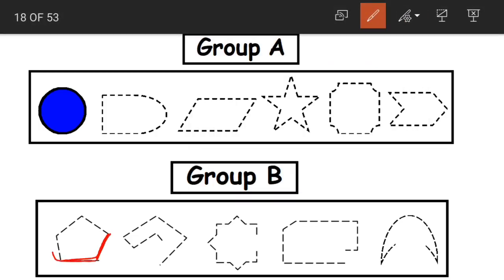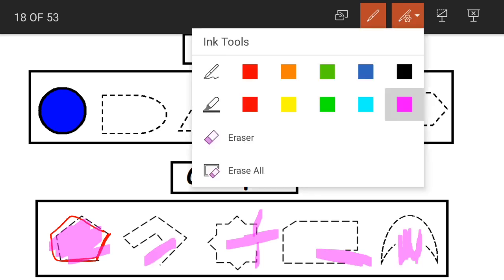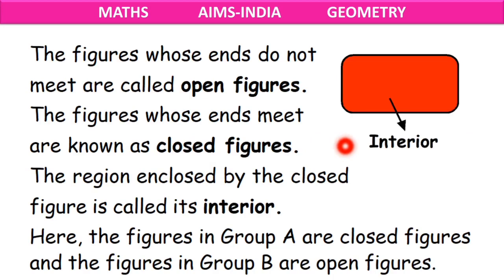If this figure was closed like this, then we would have colored the enclosed region. But here all the figures in group B are open figures. See, there is a gap in the middle. It is not completely closed. So we cannot color the figures in group B.